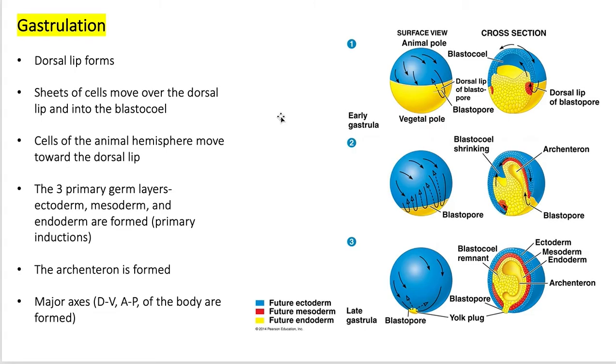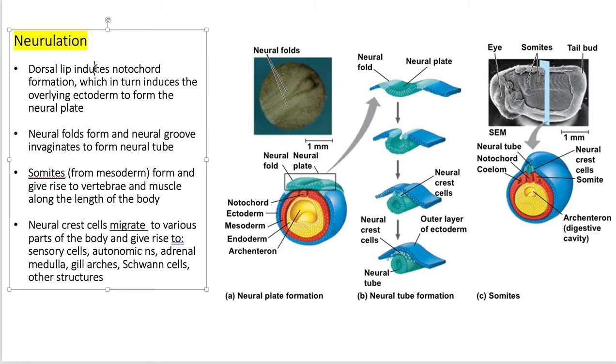That's the second part of this story. The second part of the story is that where a cell is in an embryo will influence what it becomes. And the word that you want to remember here is induction. The dorsal lip is part of this embryo. It induces notochord formation. There are chemicals released by cells in the dorsal lip that are going to affect what the neighboring cells will become.